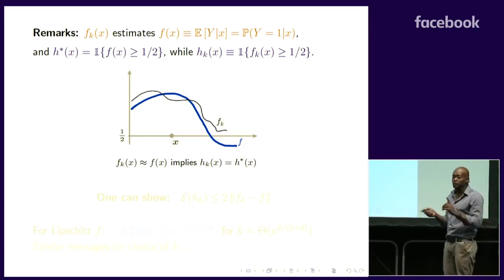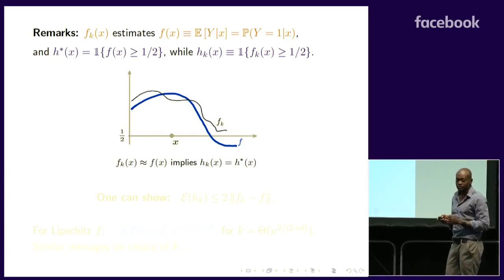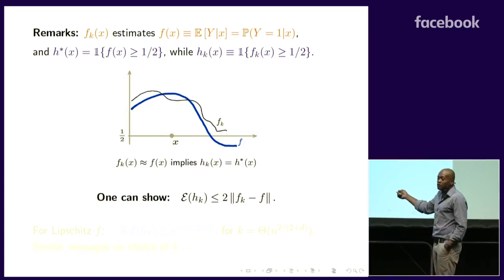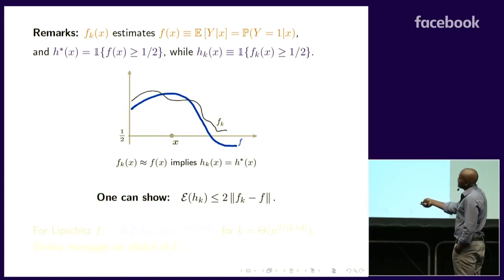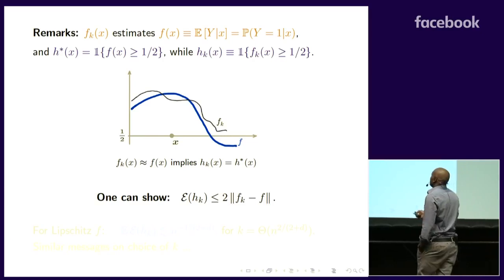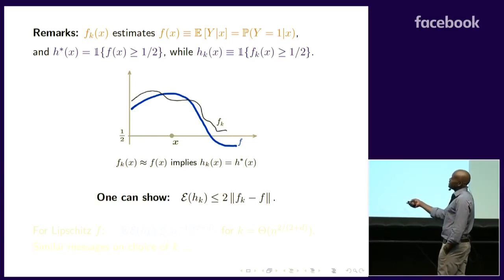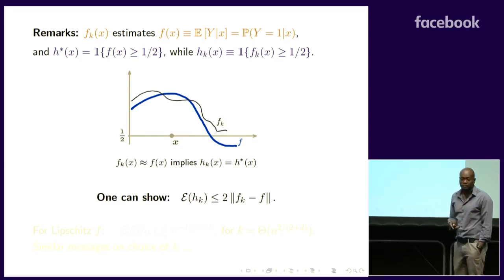So the excess error will be 0. Right? And in fact, more formally, one can show that the excess error is at most twice the difference between f_k and f. In other words, if f_k is close to f, then the excess error is close to 0.